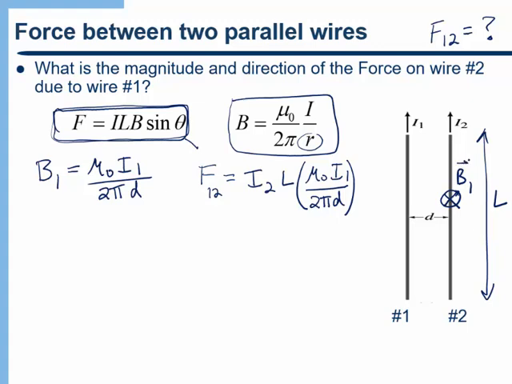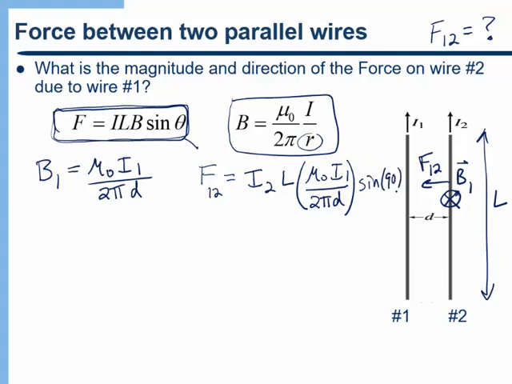So now I'm going to do my right-hand rule: my first finger in the direction of the current, orient my hand so my second finger can point in the direction of the magnetic field, and hopefully you can see that the force F12 is in that direction. And so the angle, by the way, is just 90 degrees.